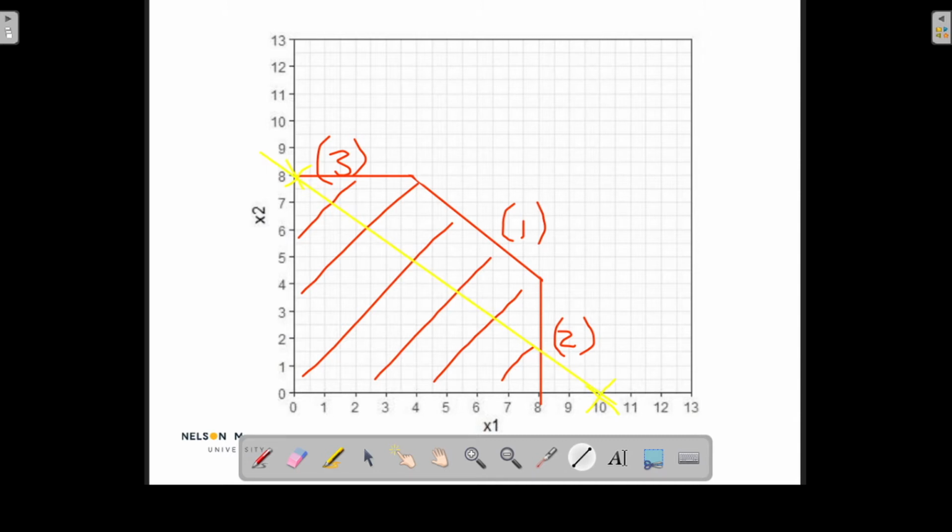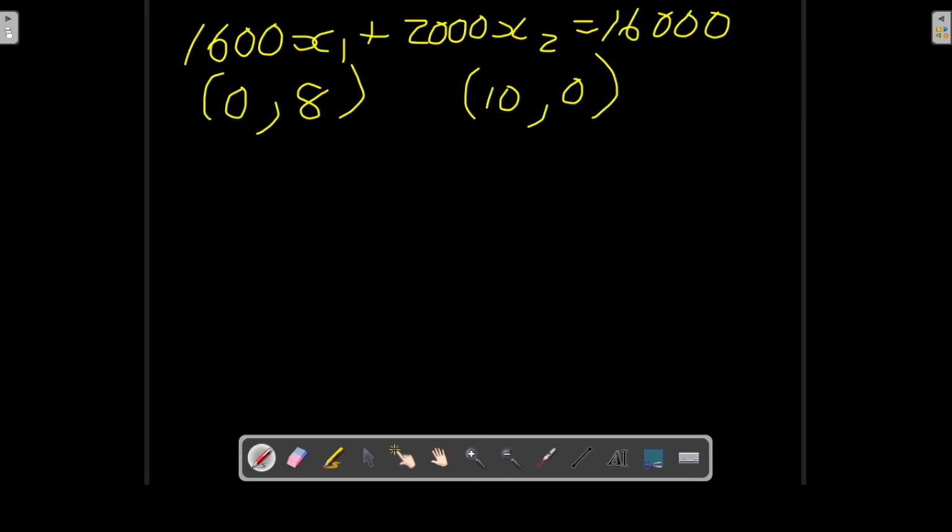Okay, so that is one of my level lines, and we can draw another level line. If we look at the notes, we could set our objective function equal to 22,000.